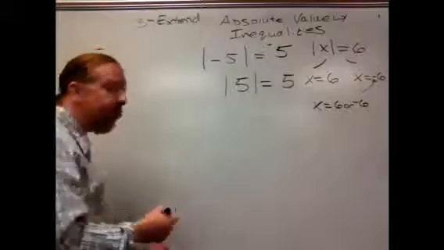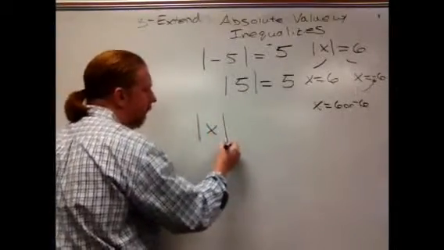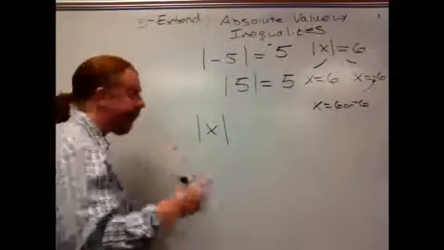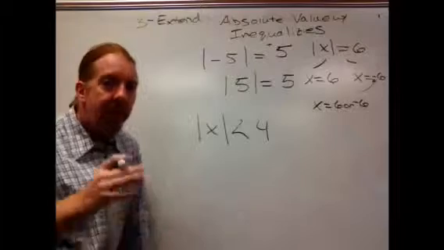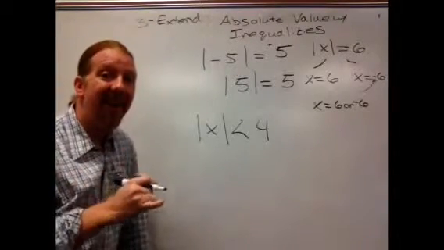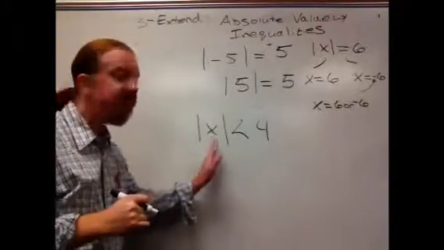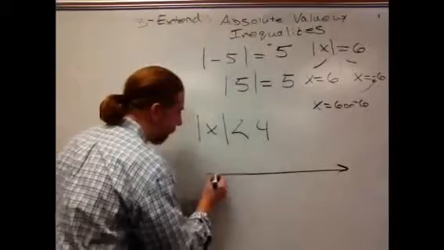So, let's talk about this idea where I say the absolute value of x is going to be strictly less than 4. Before we get into actually solving this, let's talk about numbers that would make sense on the number line that would fit in this space. So here's my number line.